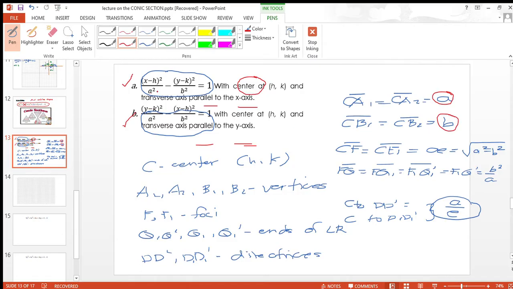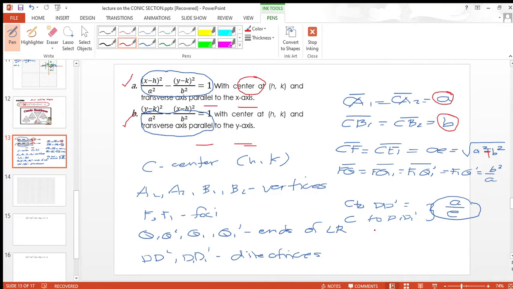As long as we're looking at opposite signs here. And then center to focus would still be C. But this time, our formula will be the square root of A squared plus B squared. So that's another change. Then, if we get the distance from focus to end of latus rectum, still it will be B squared over A.